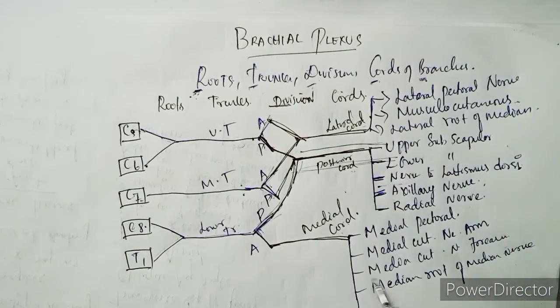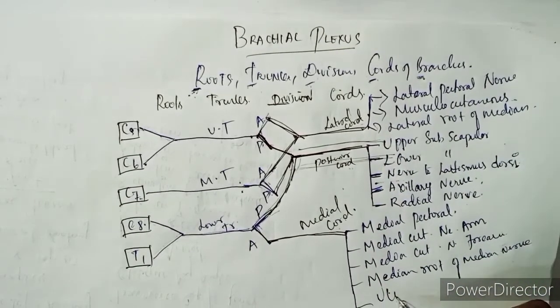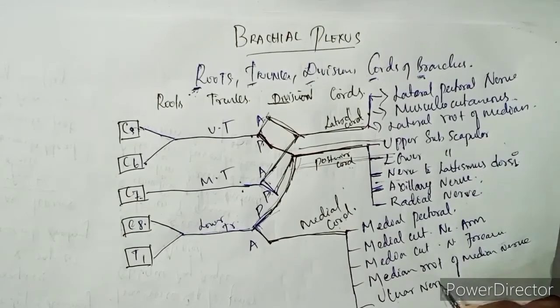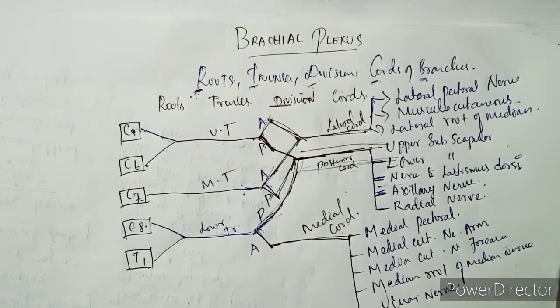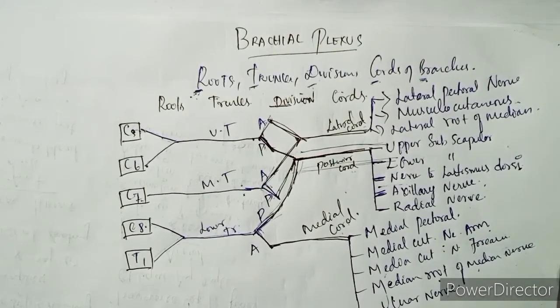Then the lateral cord's root is again going to get united with the medial cord's root. It is going to give the ulnar nerve. We have 5 branches for the medial cord: medial pectoral nerve, medial cutaneous nerve of arm, medial cutaneous nerve of forearm, medial root of median nerve and ulnar nerve.